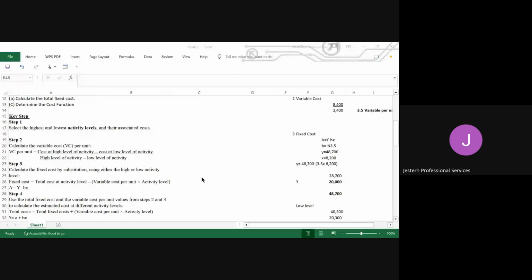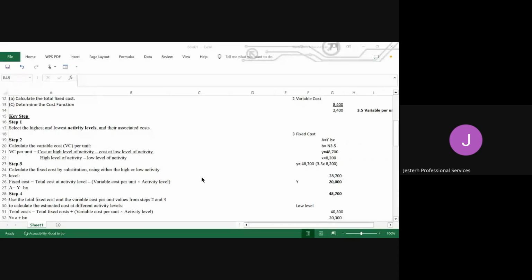As a management accountant, they just decide to give you a particular cost and they tell you that this cost comprises of both fixed or variable cost, or they just tell you that this cost is mixed cost. How can you separate it? The best method we usually use is high and low method.